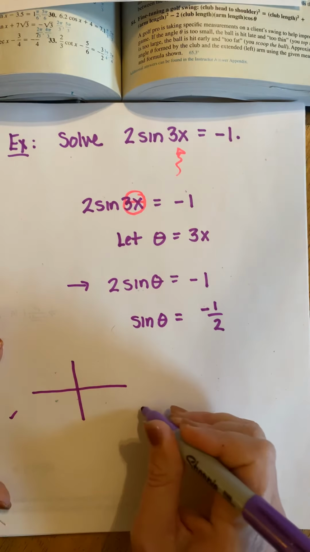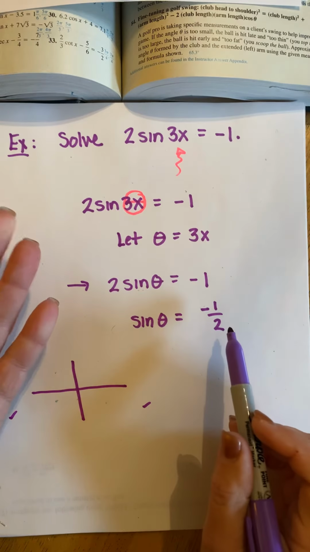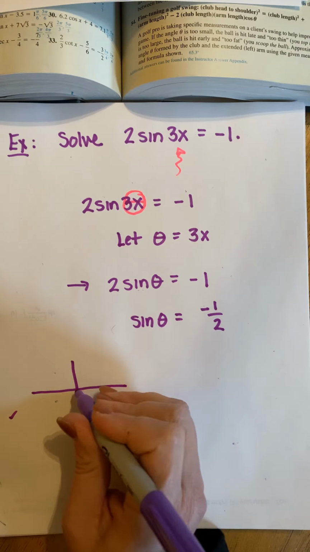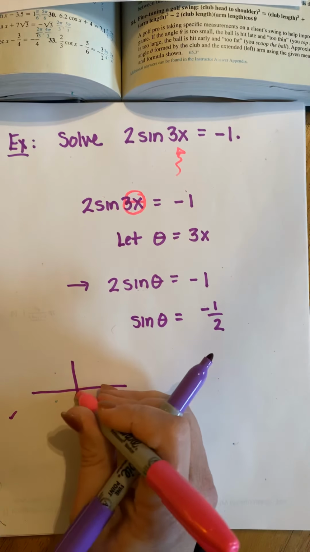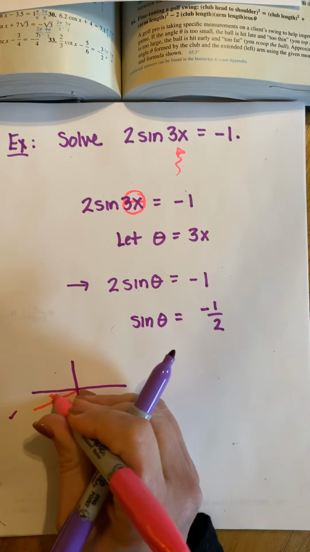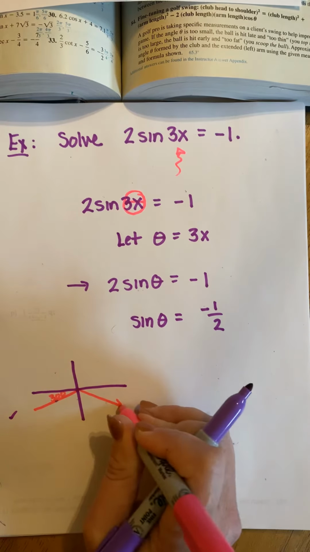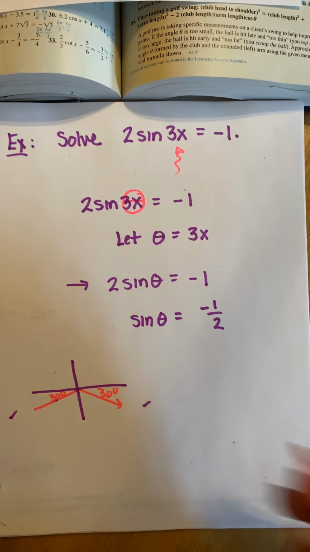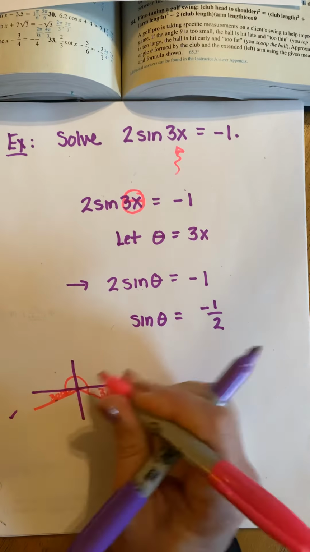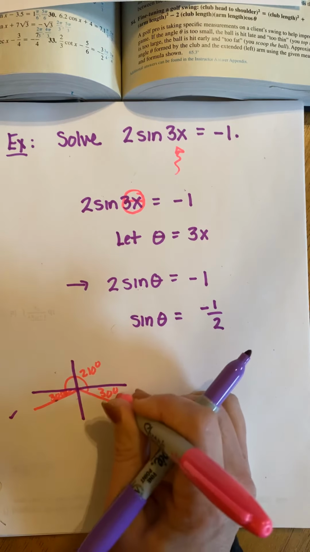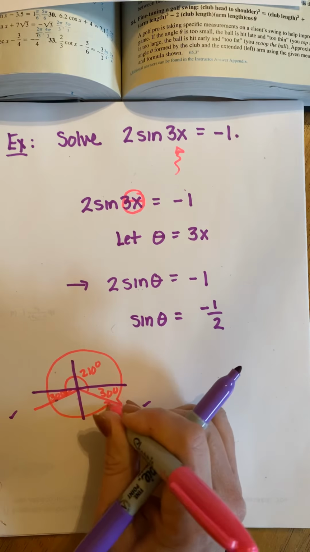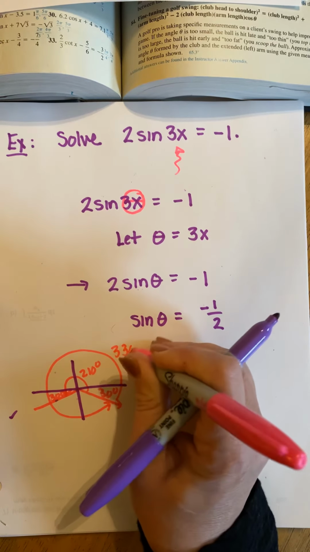So that must be angles in the third and fourth quadrant. Sine -1/2 would be angles whose reference angle is 30 degrees. So 30 degrees, and then this guy over here, 30 degrees. So we're looking at this first angle, which would be 210. And then if we go all the way around, we're going to be at 330 degrees.